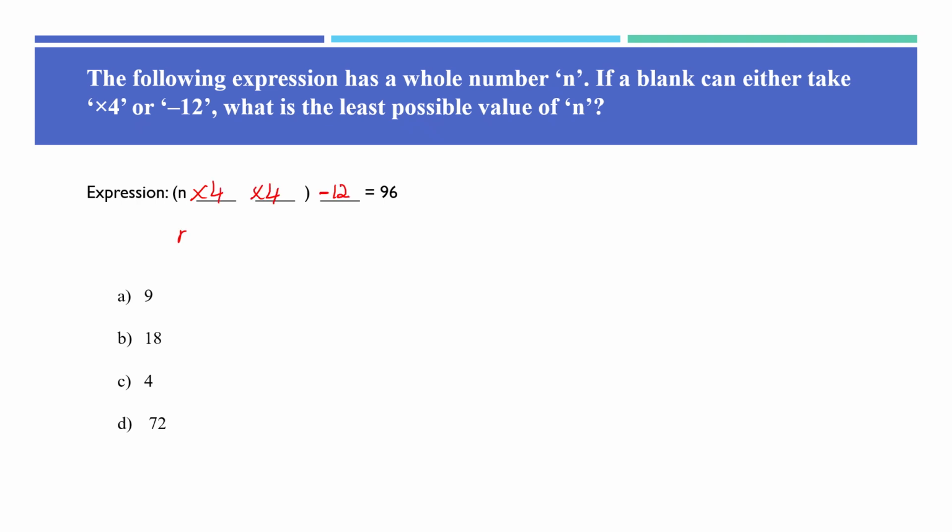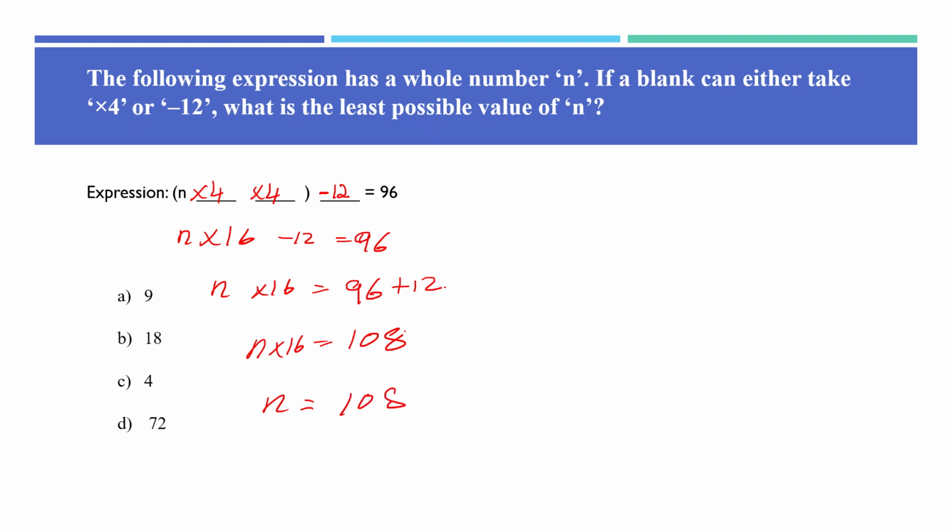In that case, I have n times 16 minus 12 equals 96, which is n times 16 equals 96 plus 12, which would be 108. So n times 16 is 108, so n equals 108 divided by 16, which is actually 6.75. Okay, so this is also a decimal number. So we are not going to consider this.